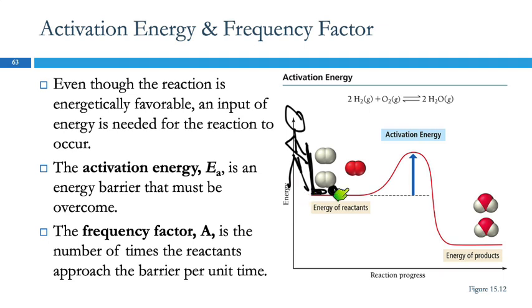So you hit the ball, and does it always go over the first time? Well, it depends on how hard you hit it. Sometimes you have to take several swings at it because the first time you didn't give it enough to get over the hill. And that's a little bit what the frequency factor is: how many times did you swing at it before you got it right and it went over the hill?